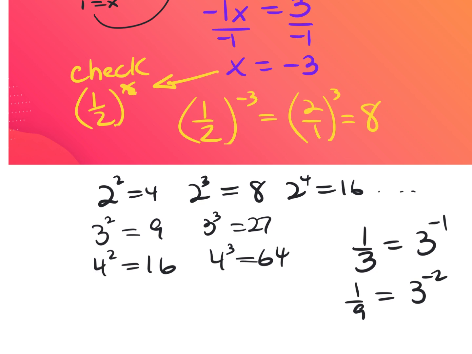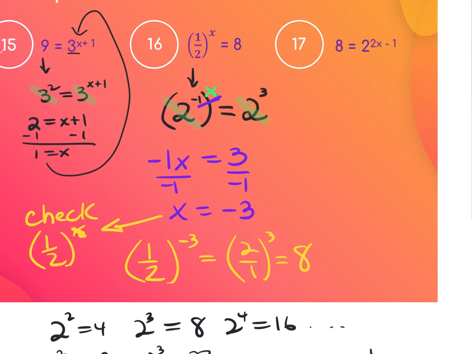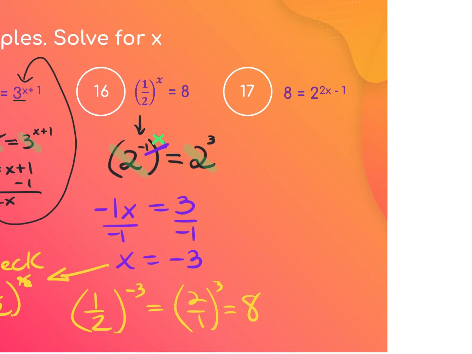Let's try number 17. So for 17, again, I'm looking to change this 8 so it has a base of 2, so that they're the same. So again, I could change the 8. Its equivalent would be 2 to the 3rd. And then I'm going to rewrite the other side.